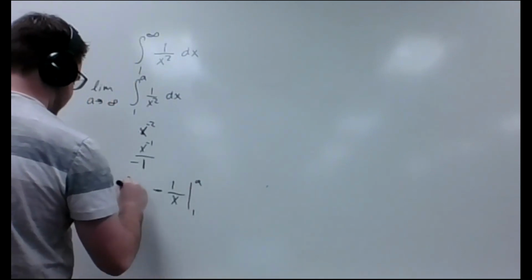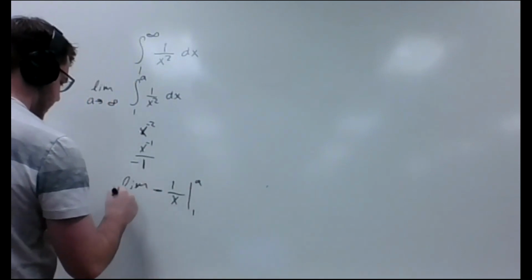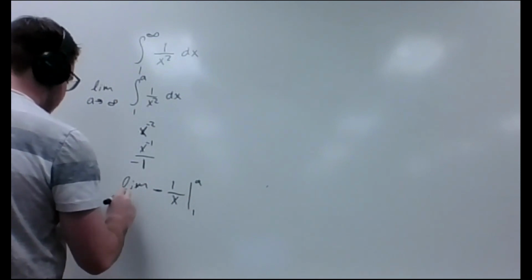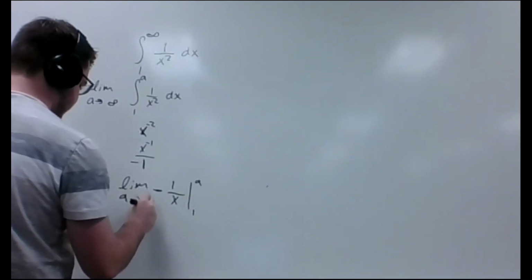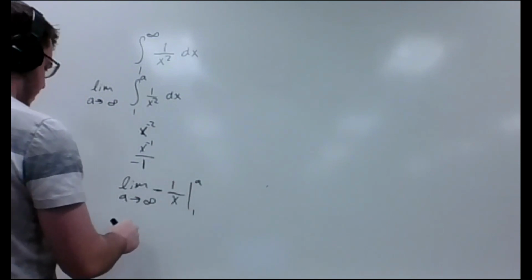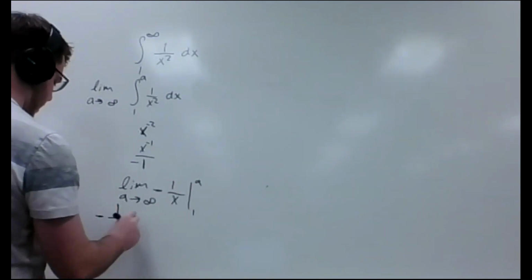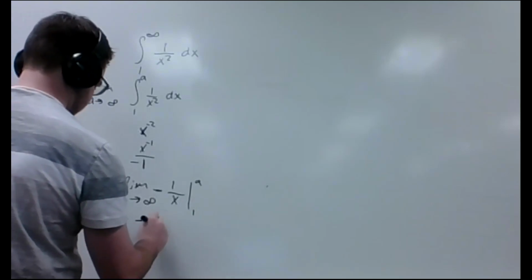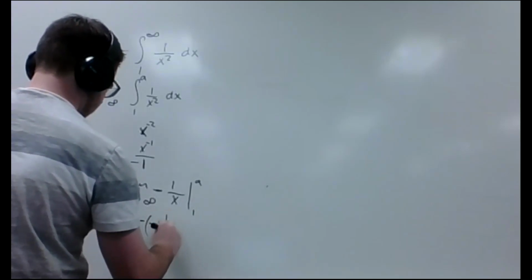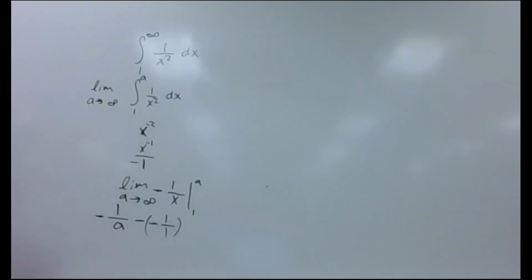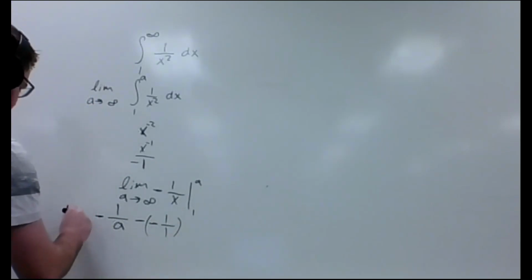The limit of this problem as a approaches infinity. So we're going to have negative 1 over a, minus negative 1 over 1, right? And this is going to be the limit.